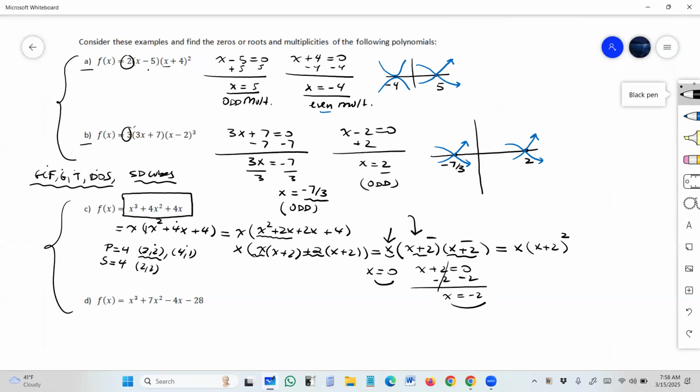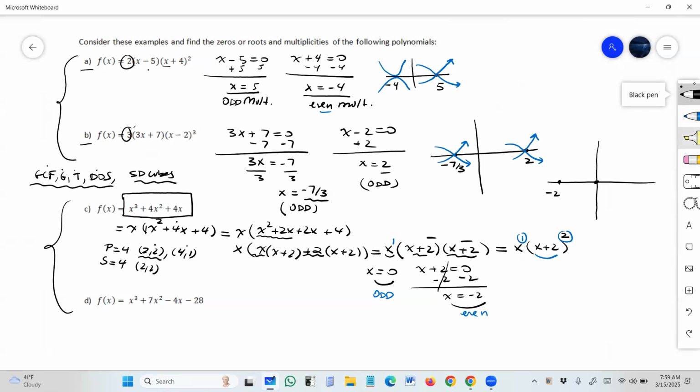This is another. And notice that the exponent here, there's an invisible 1. So this is odd multiplicity. And the exponent here is 2. So I have an even multiplicity. Okay. So if I were to graph, again, x equals 0 and x equals minus 2.